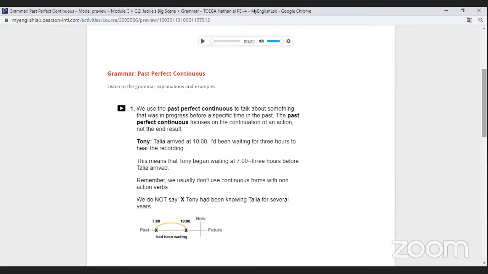Like in an action verb, hadn't... Yes, you can use this. I hadn't been going to that place since last year. It would be okay. Yeah, it's okay. No problem.